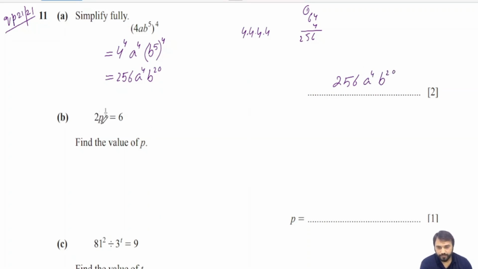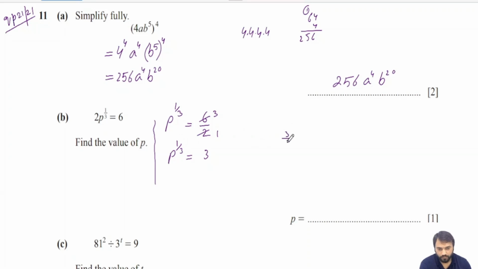The b part is 2p raised to power 1 over 3 is equal to 6. Find the value of p. We need to isolate p because this is the only p in the equation. So 2 is multiplying. When it moves, it will divide like this. P raised to power 1 over 3 is equal to 6 over 2. We can cancel 2 one time and 2 how many times? 2 three times. We have p raised to power 1 over 3 is equal to 3. So we need to calculate the value of p. This is the 1 over 3. You have to take power that is opposite to this power.